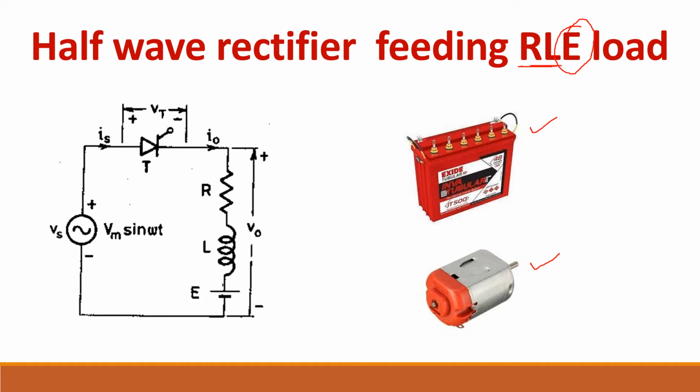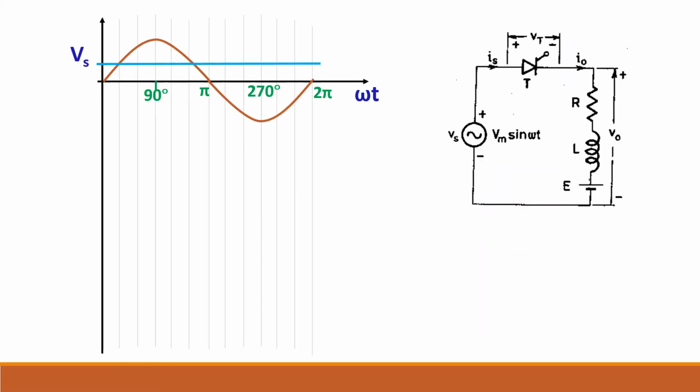So to study this circuit, you need to understand some basic waveforms. So this is the circuit, and let me draw the supply voltage waveform, and this blue color line represents the E. So here you have Vs and here you have E. Vs is connected to this side of the thyristor and E is connected to the other side of the thyristor.